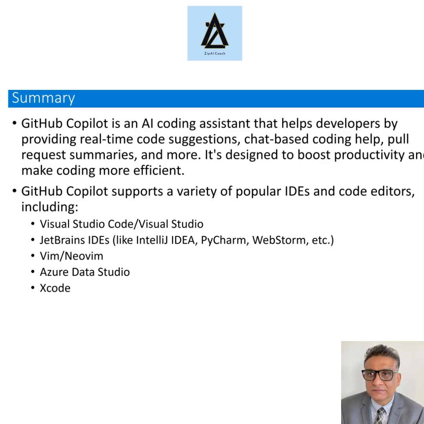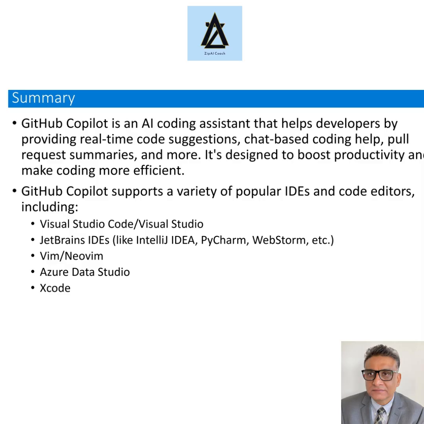So to wrap it up, GitHub Copilot is an AI coding assistant that will help any developer in different ways through a chat-based interface or autocomplete, that will help understand the code, write code, fix bugs if there are any, write test cases and documentation.